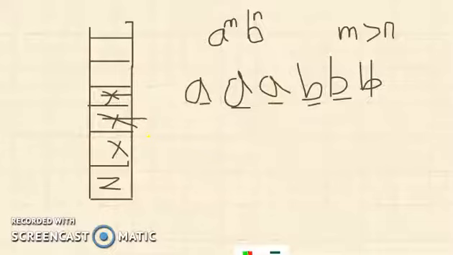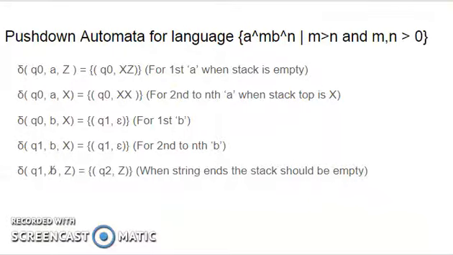Okay, so how to write this then? See, a raised to m, b raised to n, where m is greater than n. I have taken this from our previous example, a raised to n, b raised to n. For first a, empty stack, push 1x.